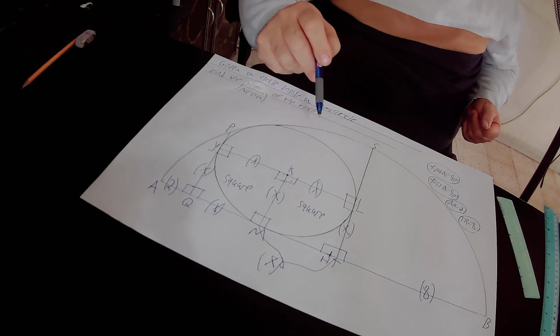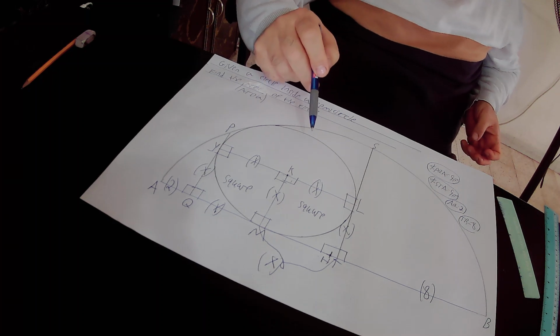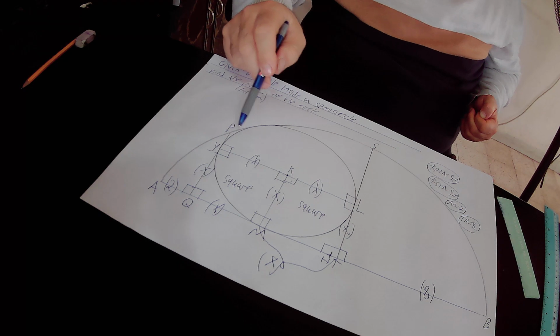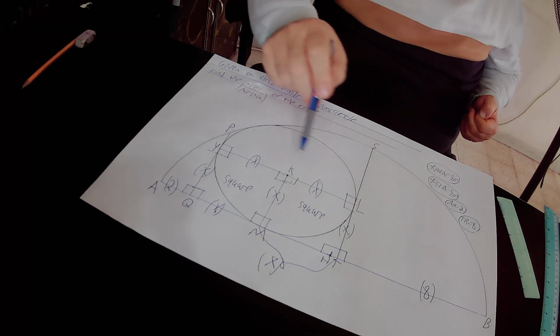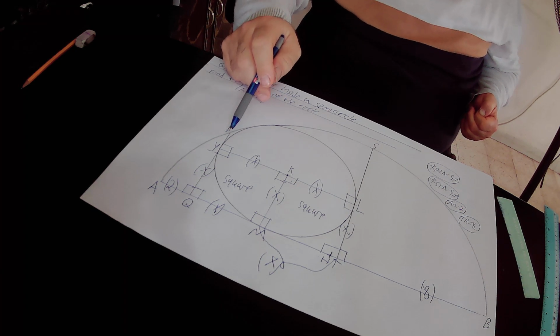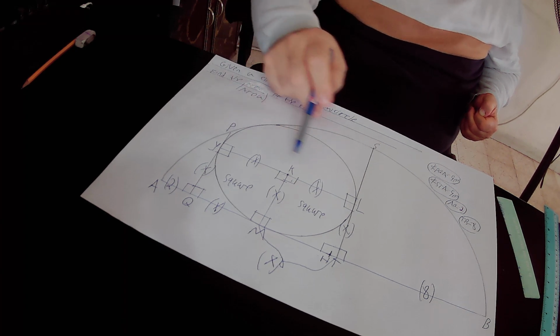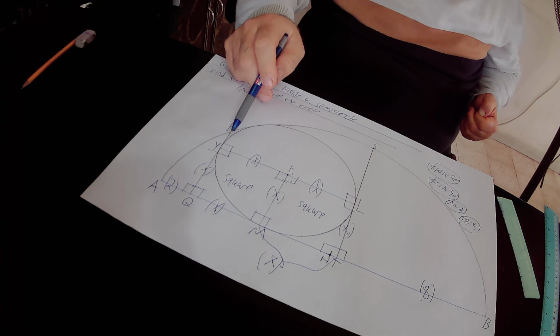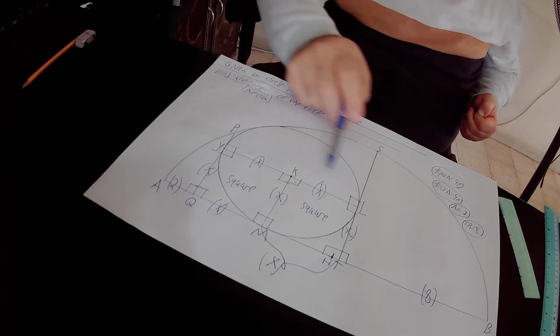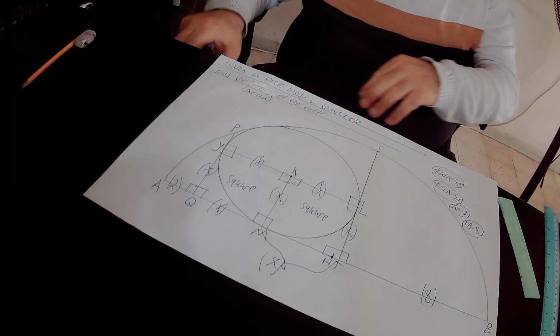And we know that any chord that passes through the center of the circle is the diameter of the circle. So therefore, YKL is the diameter of the small circle. If YKL is the diameter of the circle, it means that YL is the diameter of the circle. So I'll write it down.